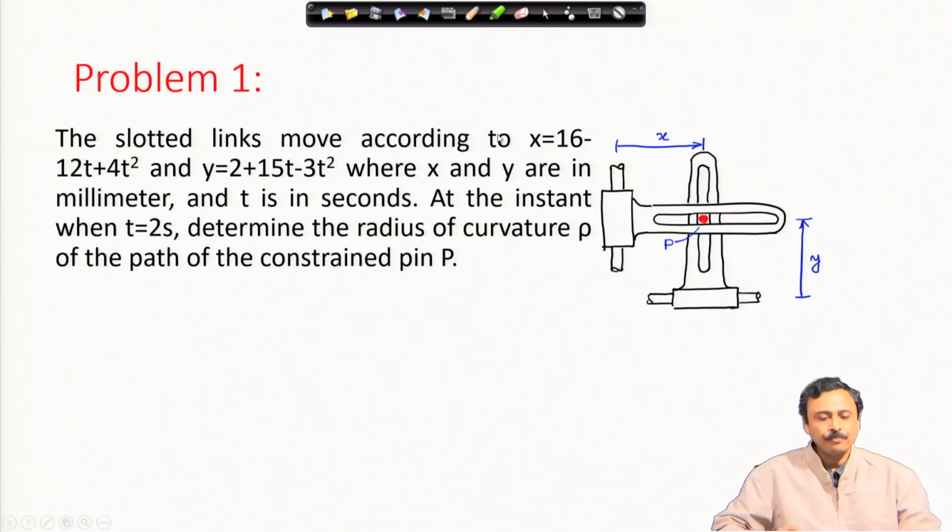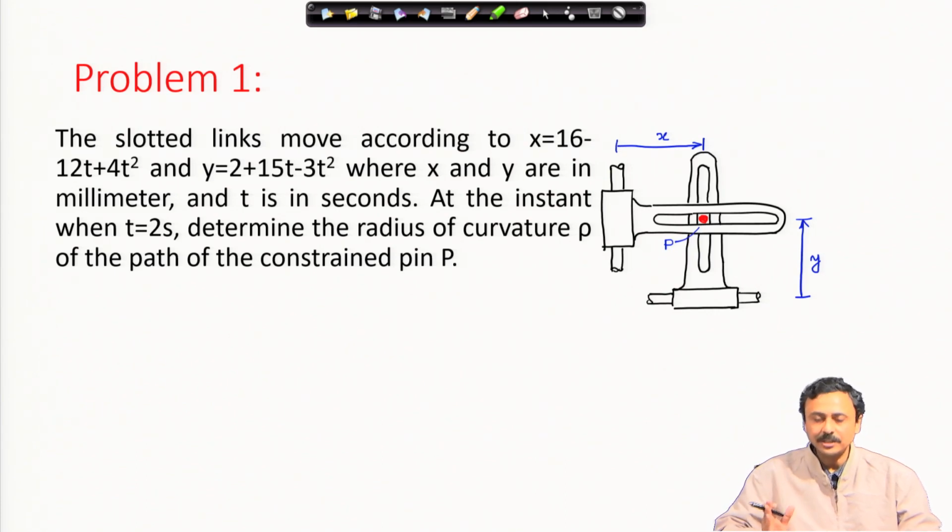So, this is an example. The slotted links move according to this expression of x and y, where x and y are in millimeter. So, I have two expressions: one is of the vertical slot moving horizontally, so its x location is given by 16 minus 12t plus 4t squared, and there is a horizontal slot moving vertically.